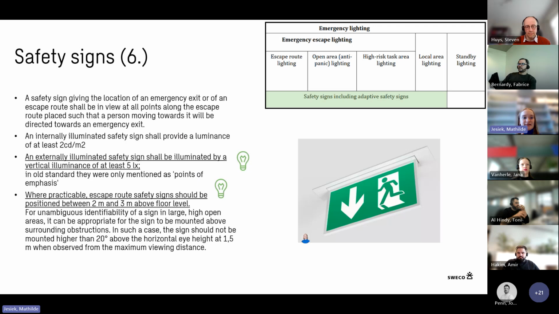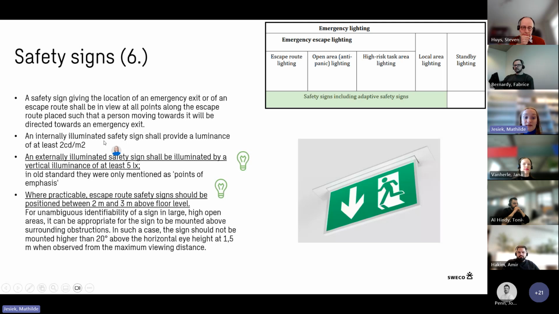Then for safety signs, this is also a big new thing in the norm, which is maybe one of the most impactful things, that now all safety signs also need to be lit with 5 lux vertical minimum. So if you have an externally illuminated emergency sign, you need to have 5 lux vertically, or you can use internally lit pictos.